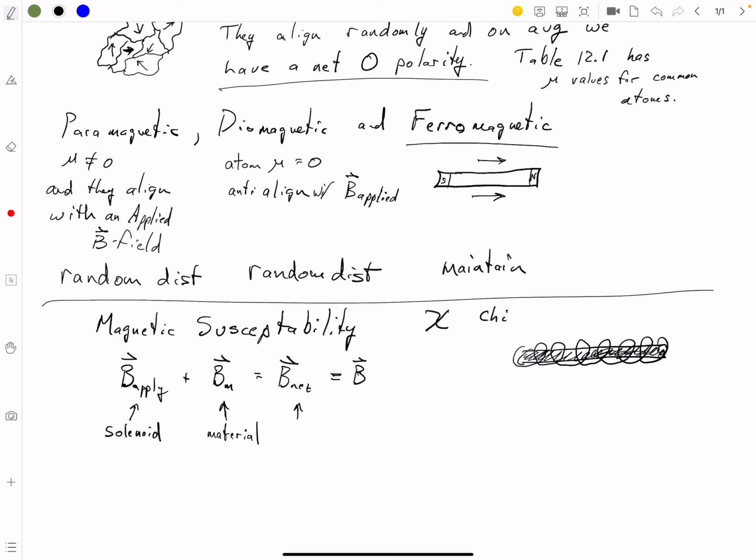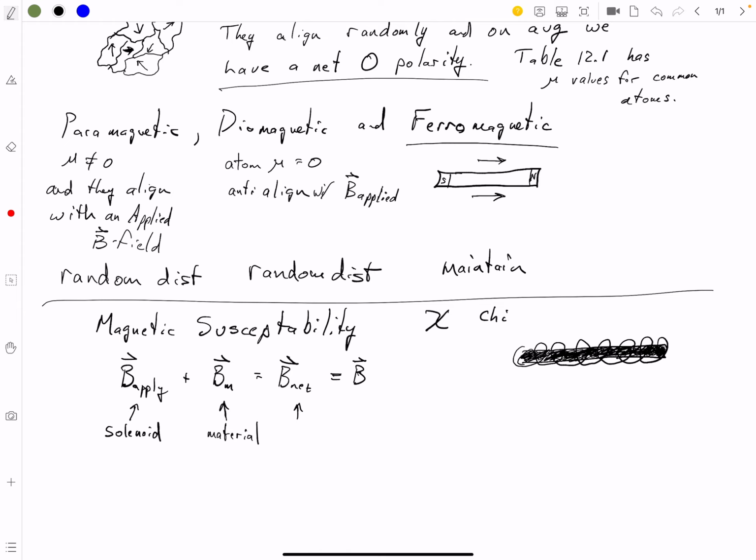And so we've got a solenoid wrapped around this material. Just like we put the bar magnet, or I'm sorry, not the bar magnet, the iron inside the solenoid when we did our lab. Okay, it's the same thing.